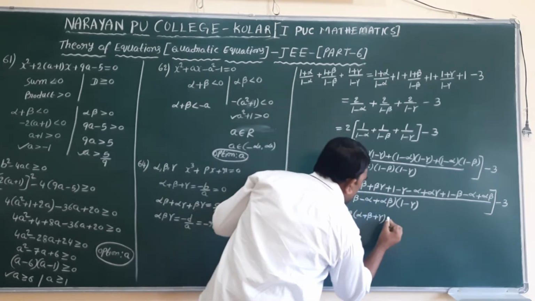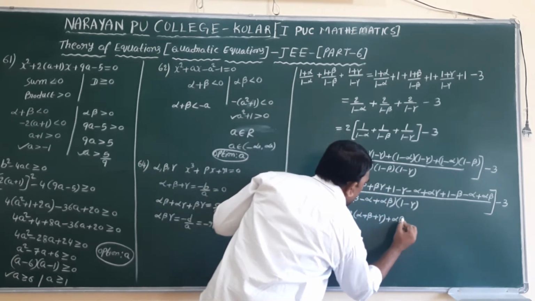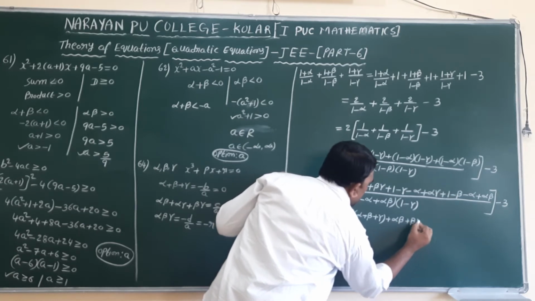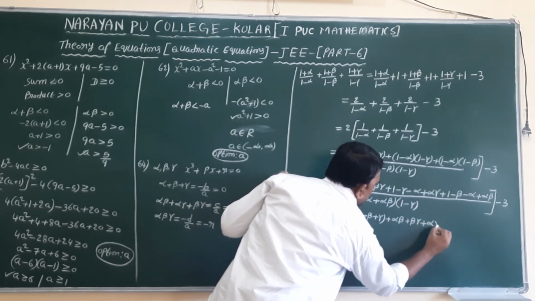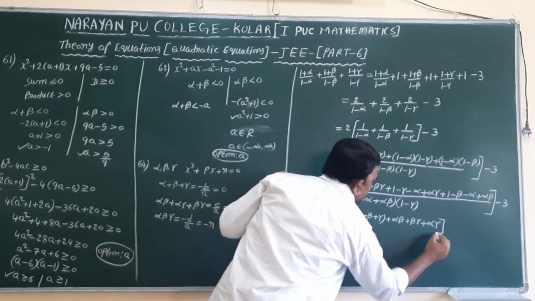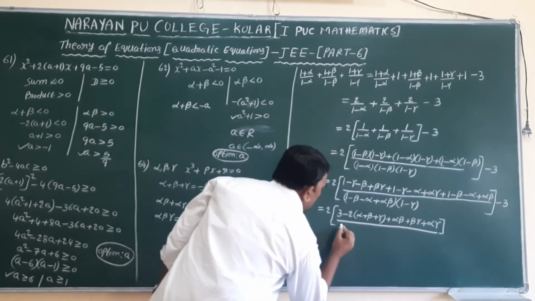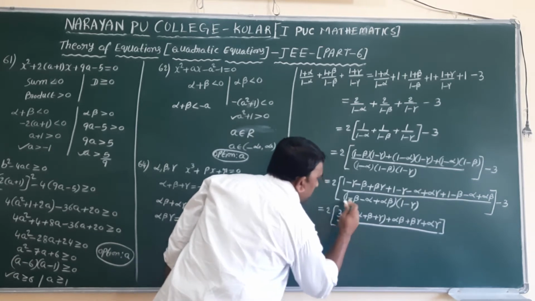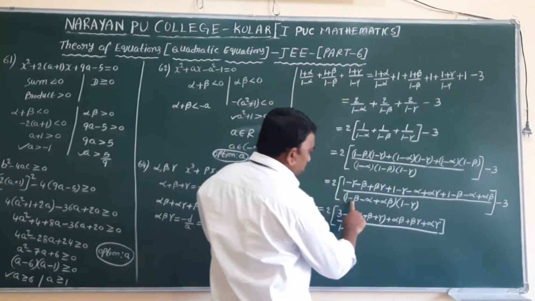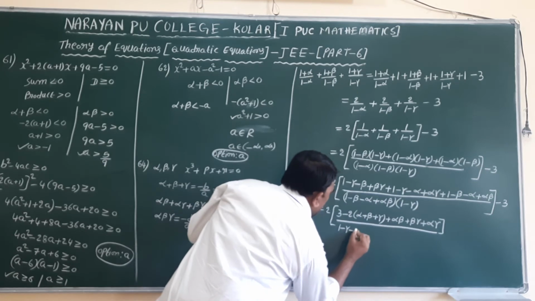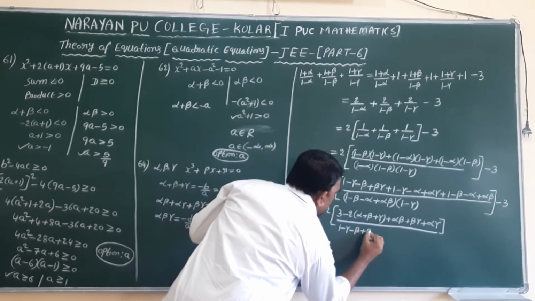Next, alpha beta plus beta gamma plus alpha gamma, whole divided by, multiply this: 1 minus gamma, 1 into (1 minus gamma), multiply with minus beta plus beta gamma.